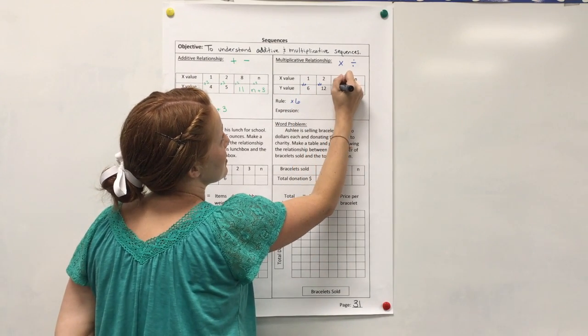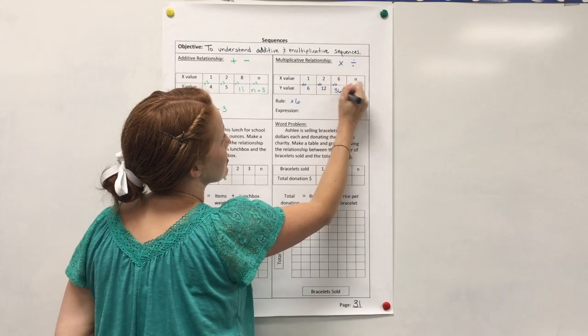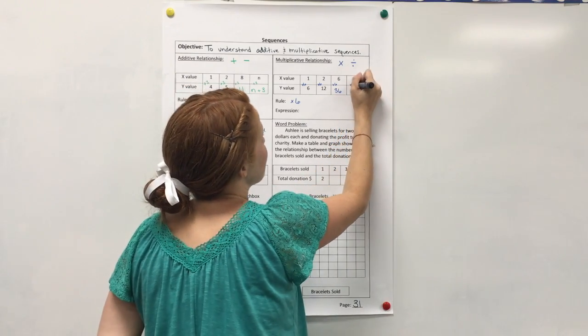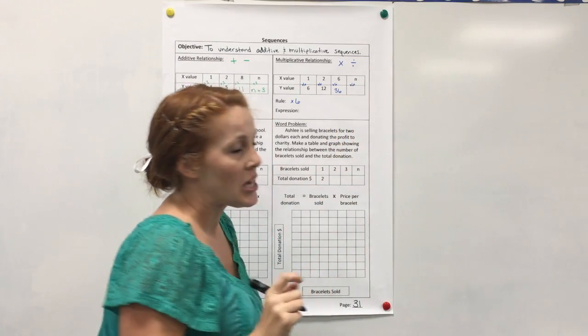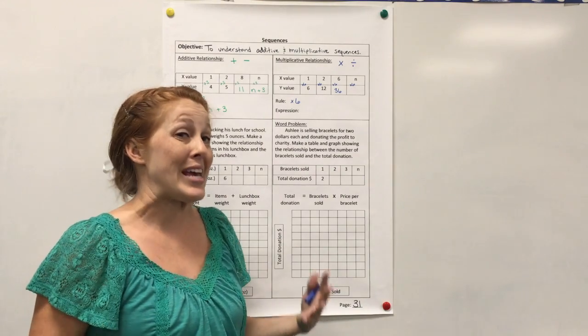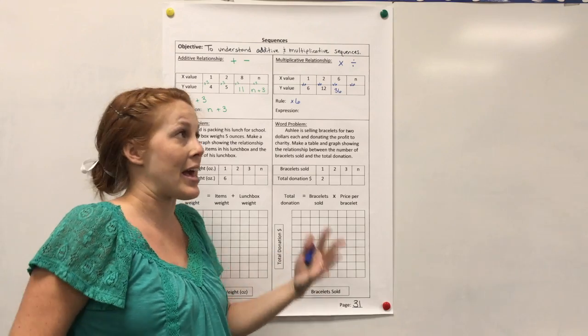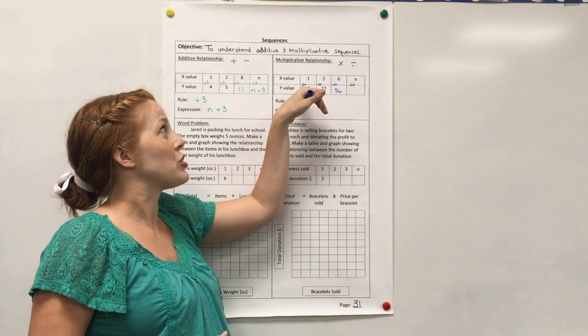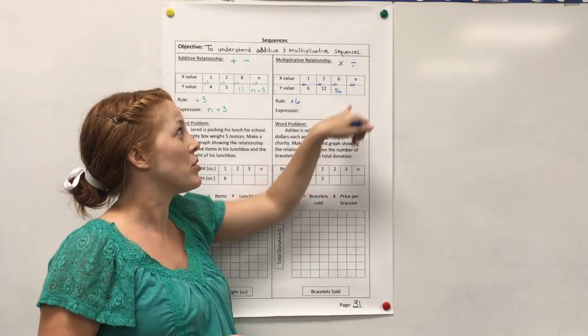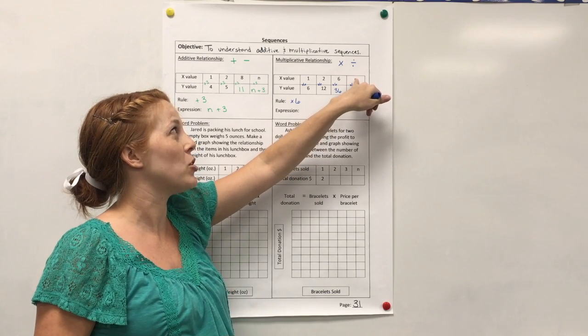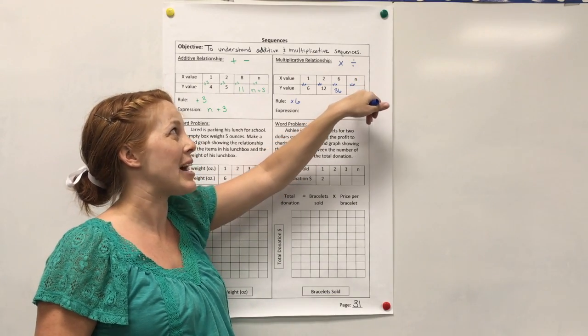And so this would be 6 times 6, which would be 36. And so this would be n times 6. Now, you're not always going to use the letter n. Sometimes you could plug in whatever letter you want, like x. So we don't actually use the times sign when we're showing this with a variable like n. We're not going to put n times 6.